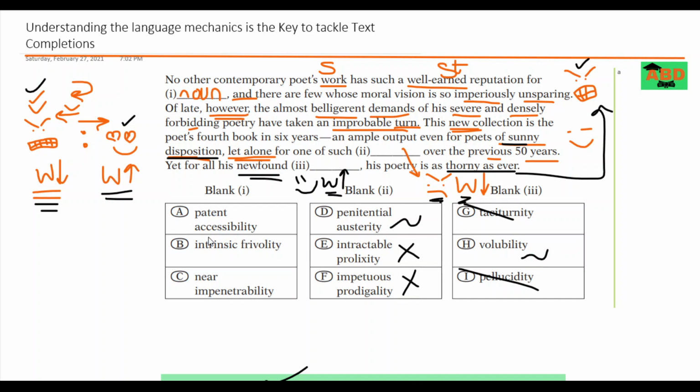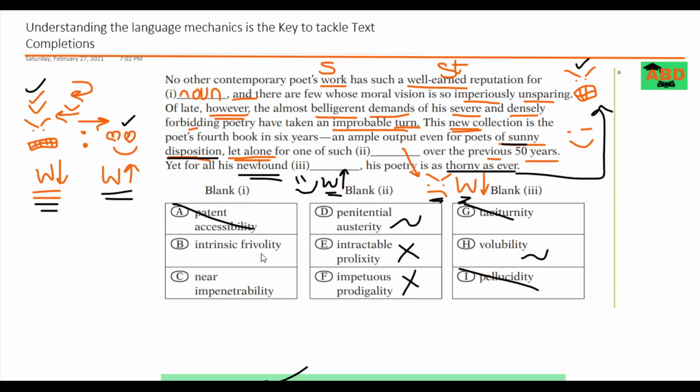And if I come back over here, I can guess a lot of words like belligerent, severe, dense, unsparing, harsh, cruel, forbidding, that kind of stuff. Patent accessibility doesn't seem to be anywhere close to all of these guesses, so I'm going to cancel this out. Intrinsic frivolity.